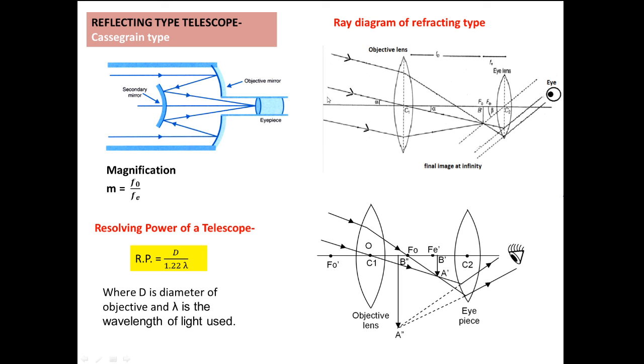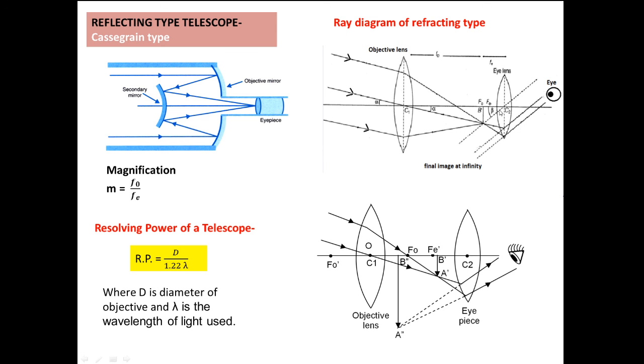Now here, see the comparison. We have just seen the advantage of the reflecting over the refracting type telescope. Here, in this first diagram, on the right hand side, the parallel light due to this objective lens converges at a focus.